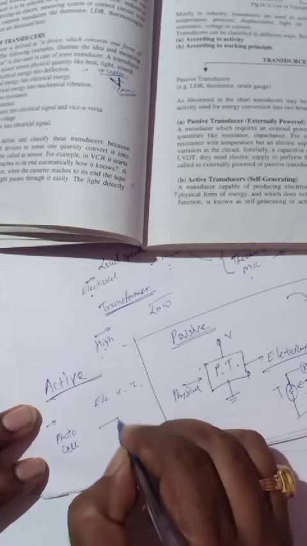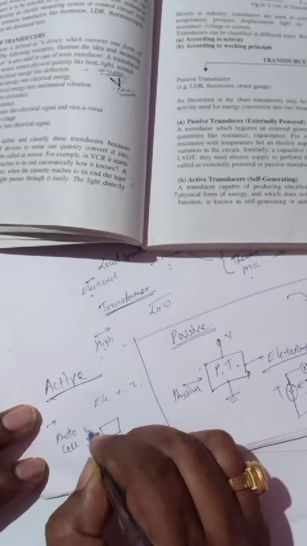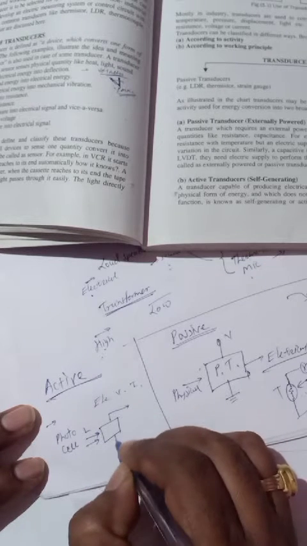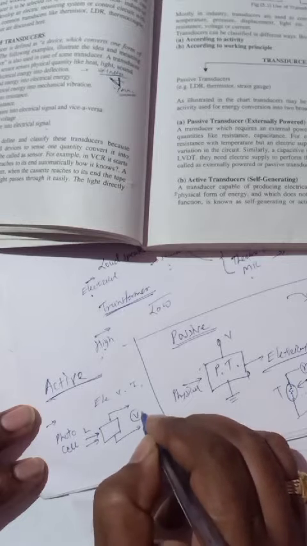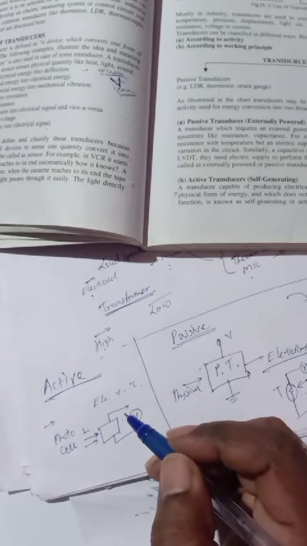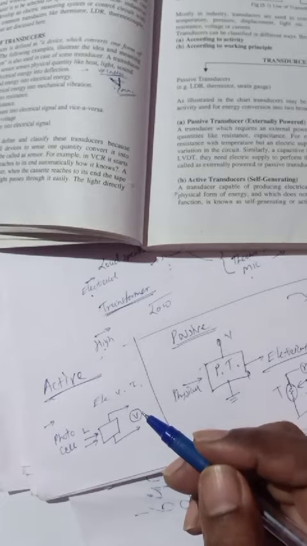This is a photocell. When light is incident on this cell, it directly generates a voltage. We know that there are some batteries available in the market which can be charged with sunlight.